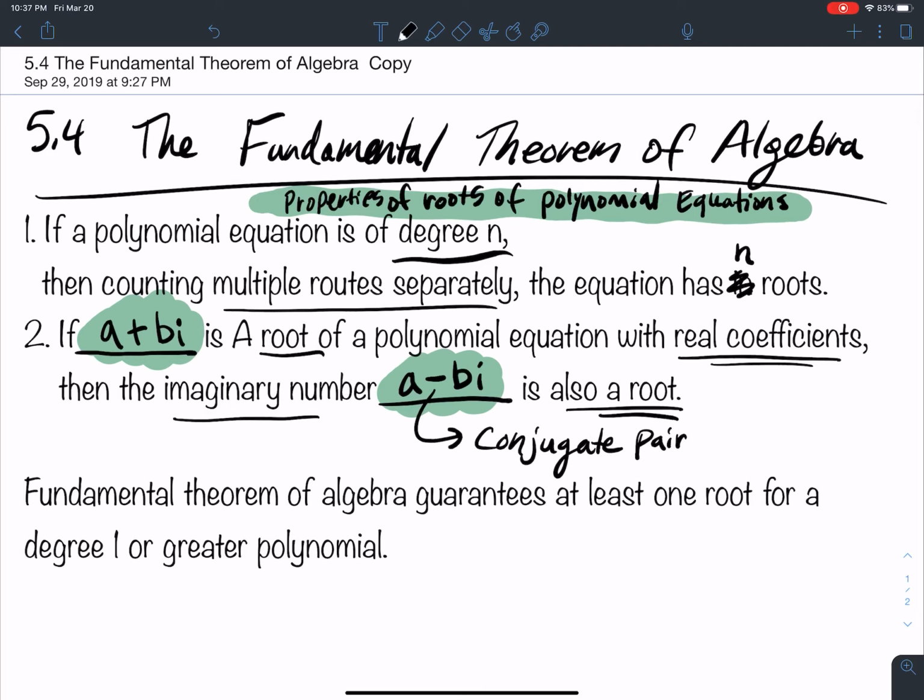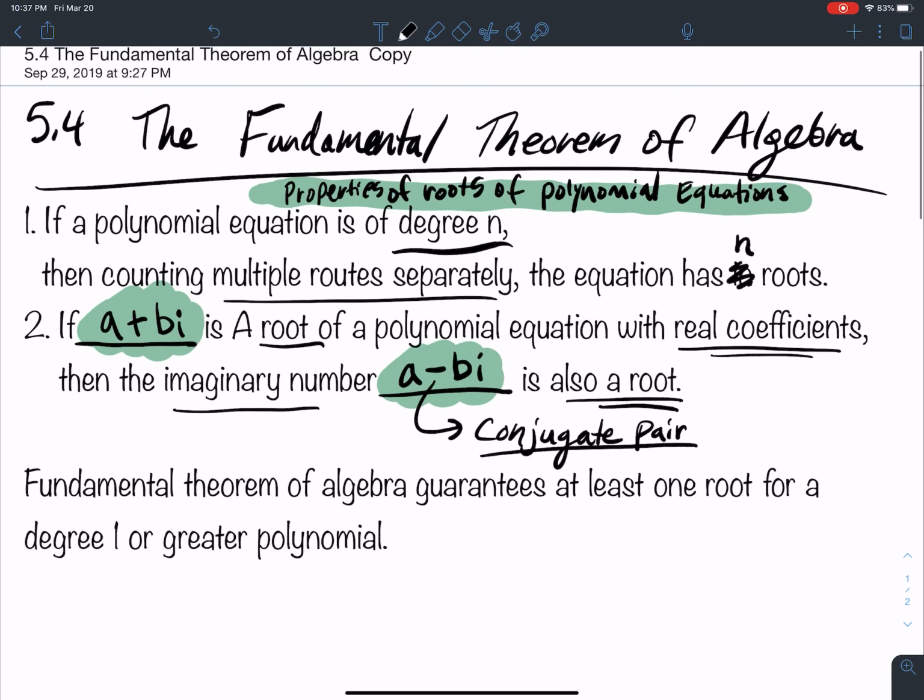The conjugate pair always occurs for complex roots. So for example, if I knew that like 2 plus 3i was a root, imaginary root, then I also know that x equals 2 minus 3i is another root for that particular polynomial equation. Okay, so if I know one of them, I can get the other for free.